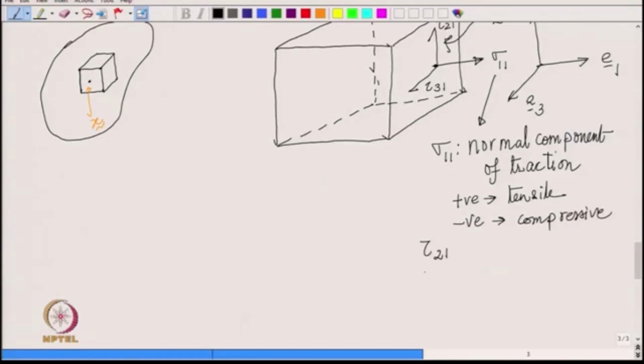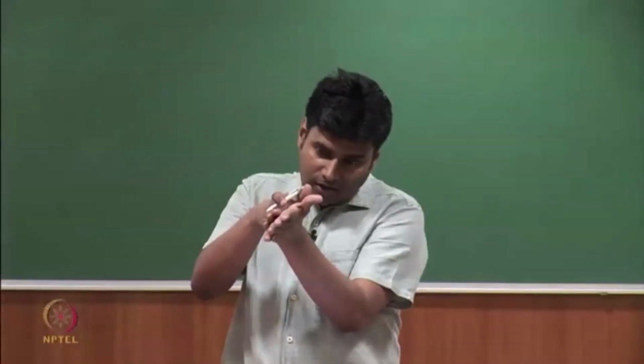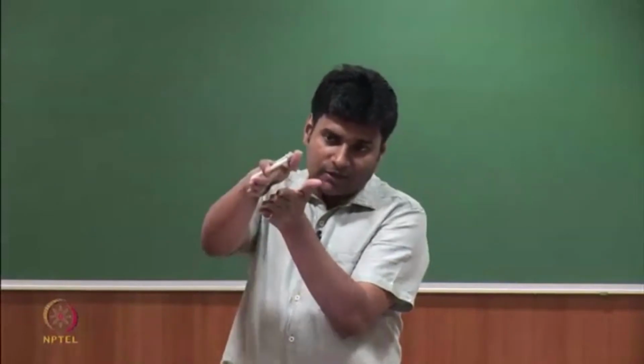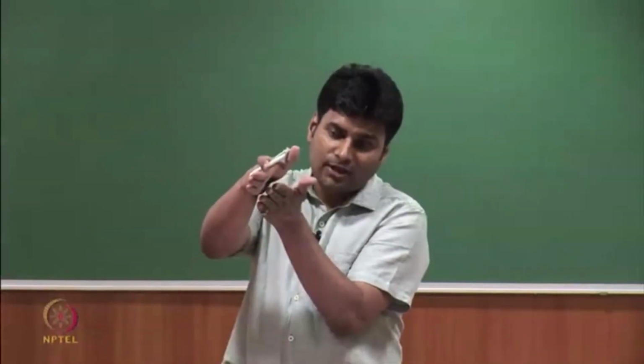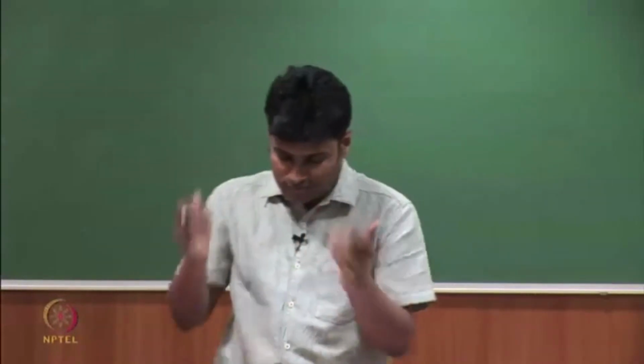So, tau 2 1 and tau 3 1 are the shear components of traction. Okay, and now you know what shear means. When two planes are sliding along the plane direction, that is shearing. So, whenever you have shear traction, the sliding can happen, right.